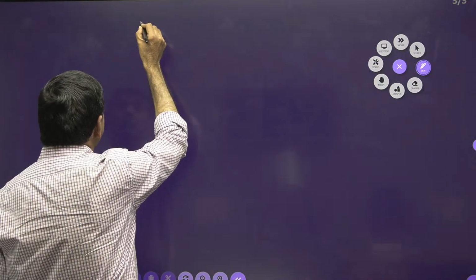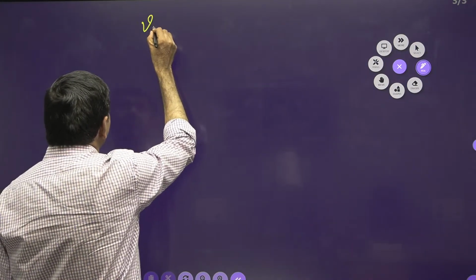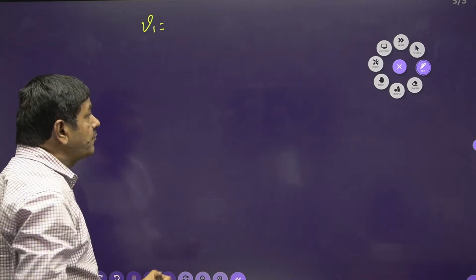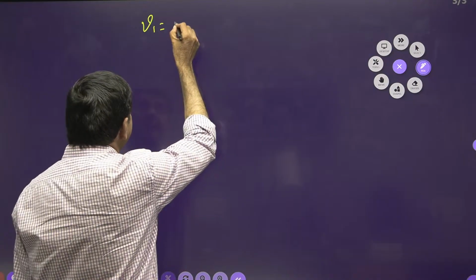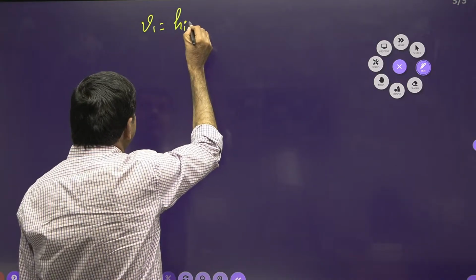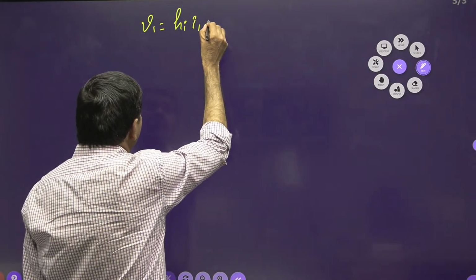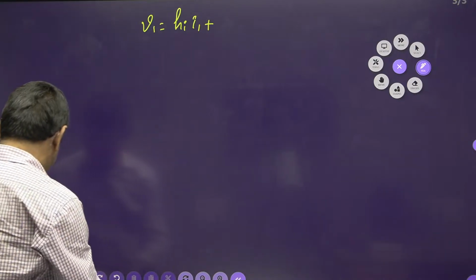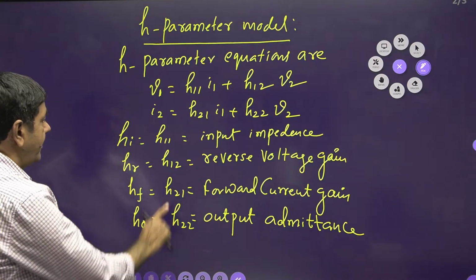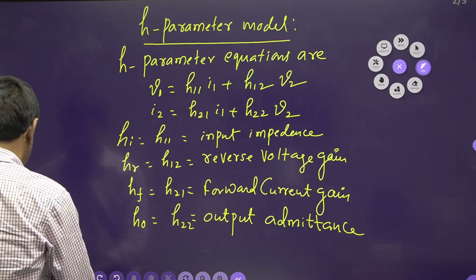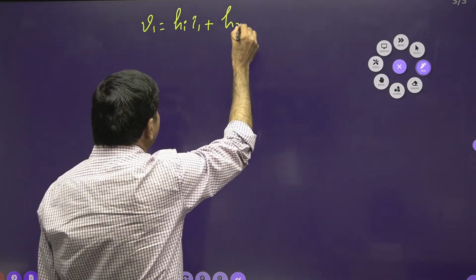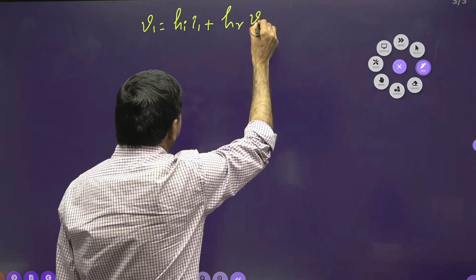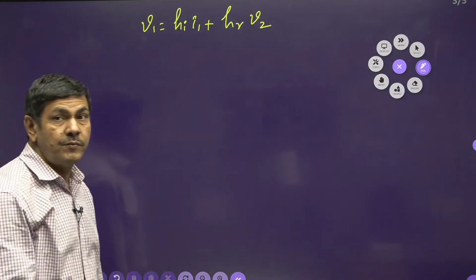V1 equals H11 into I1. H11 is nothing but HI, so HI into I1, plus H12, which I already gave as HR. I can write here HR into V2.